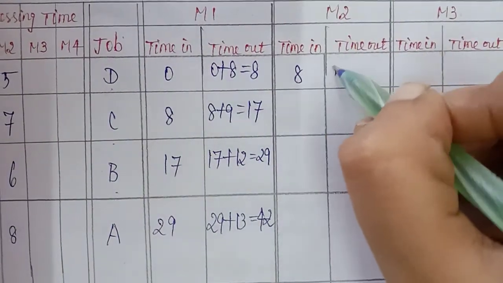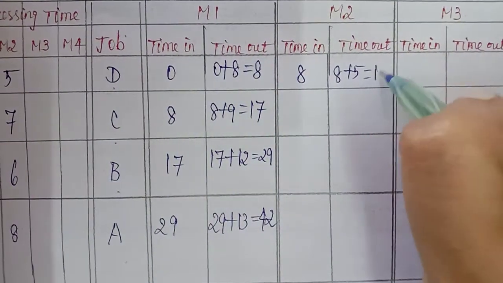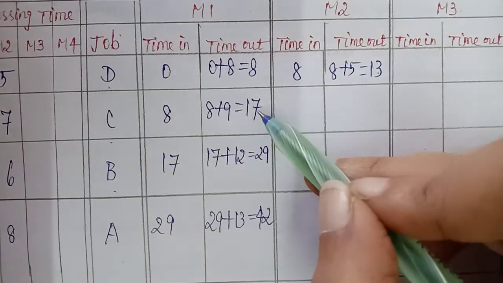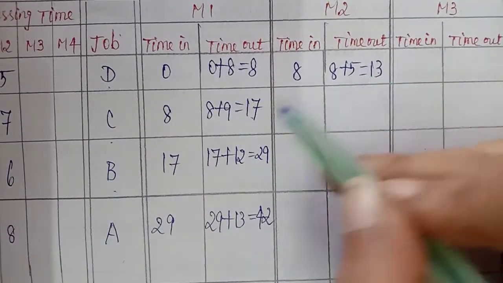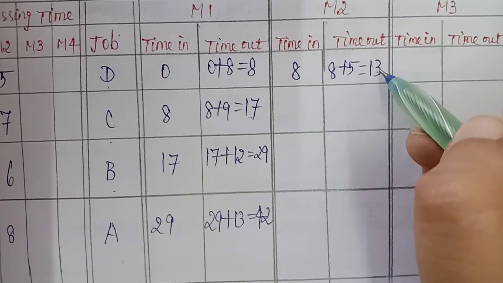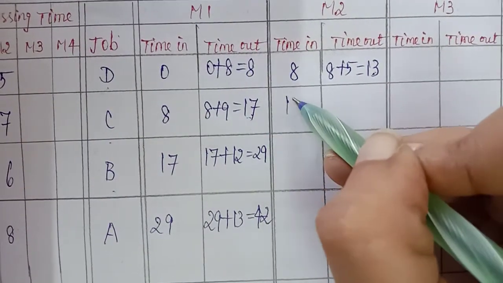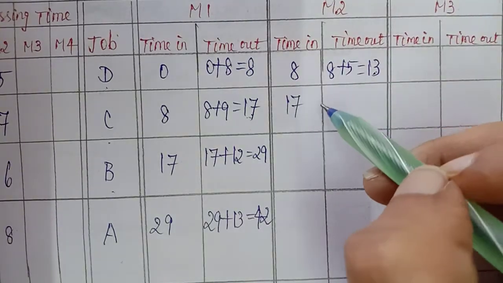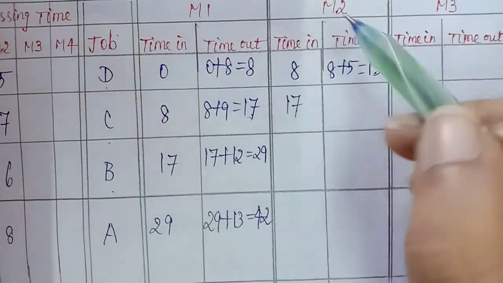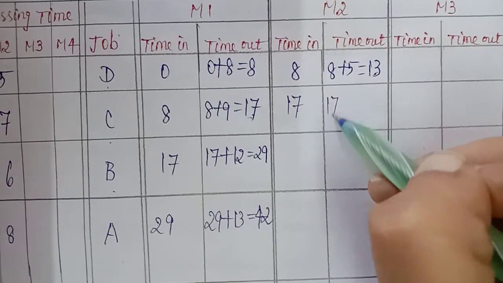Now you write this 8 for machine 2. 8 you add 5. So 8 plus 5 equal to 13. You compare 13 with the 17. Whichever is larger, that value only you have to put. So if you compare 13 with the 17, 17 is the largest value. So 17 you have to put for the second job. With 17 you have to add the corresponding processing time 7.